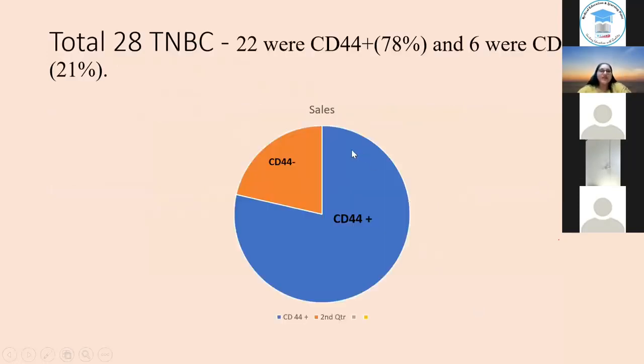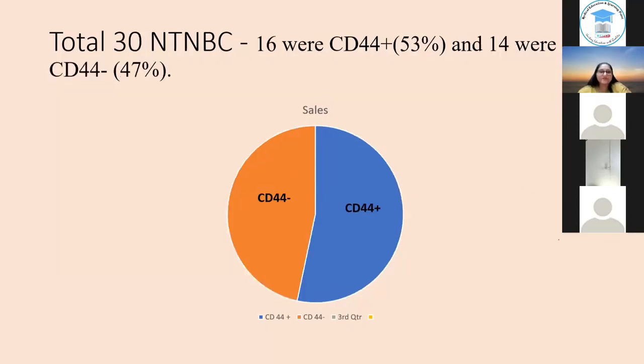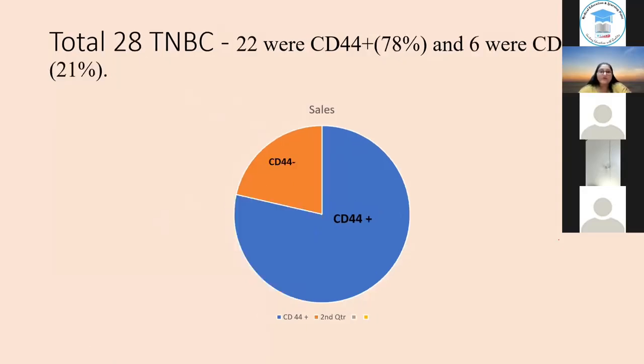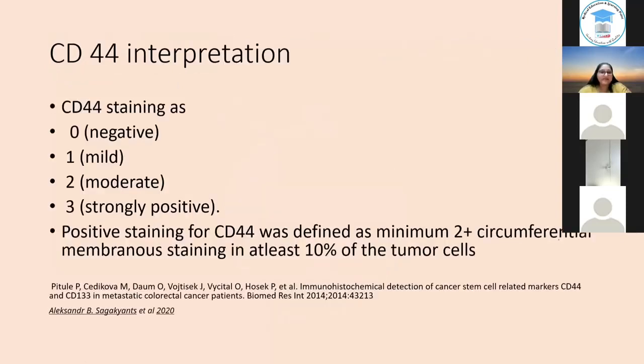Out of 28 cases, we have 78% of cases which are positive for cancer stem cell markers and 22% were negative for CD44. So this was our observation, and this is in consensus with all the research done before. And out of 30 non-TNBC, 55% were positive for CD44 and the rest were negative. So if you compare, CD44 positivity was more in triple negative breast cancers.